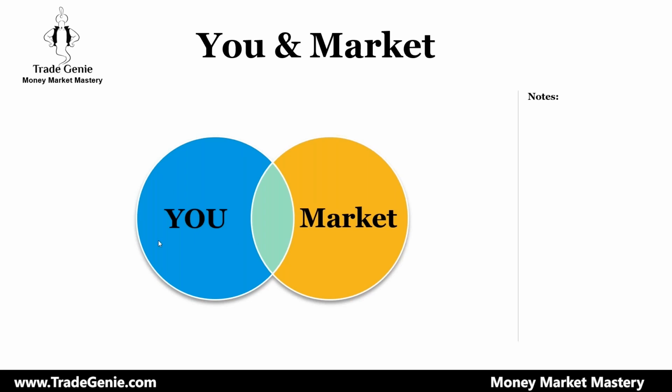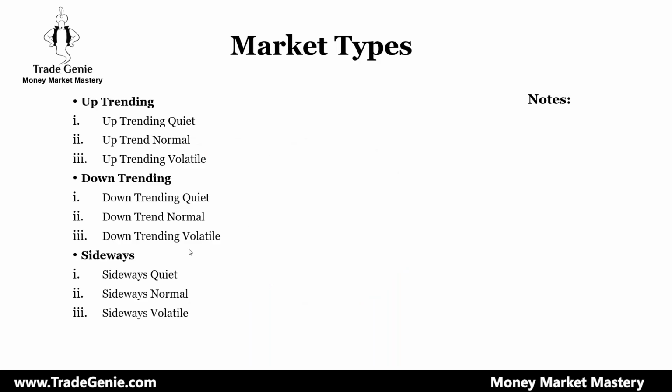You are the one unique person in the world. That's the way God has created. There's nobody like you, there was nobody like you, and there will never be anyone like you. Me is me. Nobody came, nobody will come. I'm the only one. So if you are the only person, and there are so many kinds of market. I showed you 9 types of market. If we put the very volatile factor also, then they become 12 types of market.